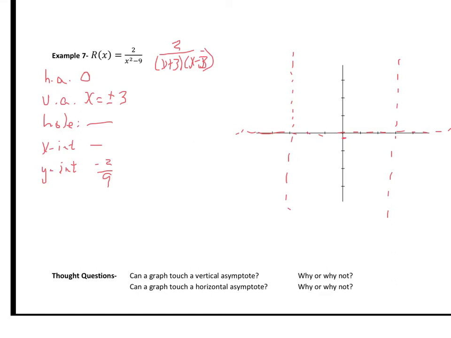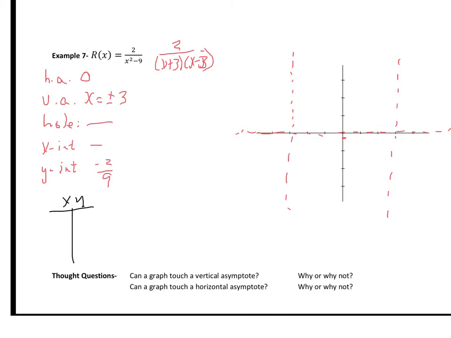All right, now we need to pick some points. Is there anything else we need to do? I think that's it. So let's pick one clear to the right of our vertical asymptote, something bigger than 3. 4.